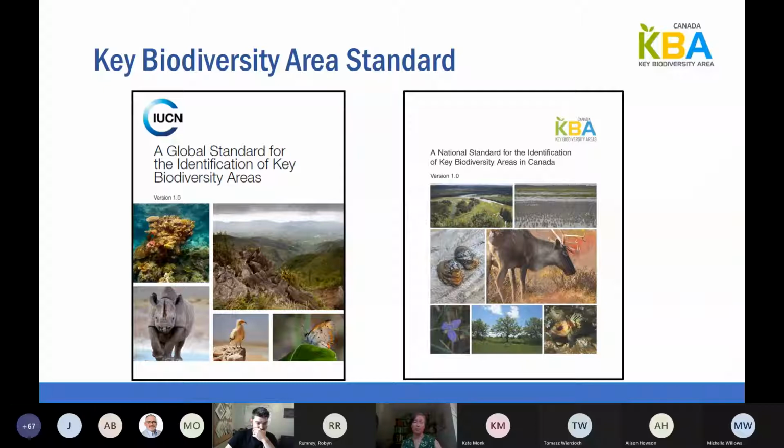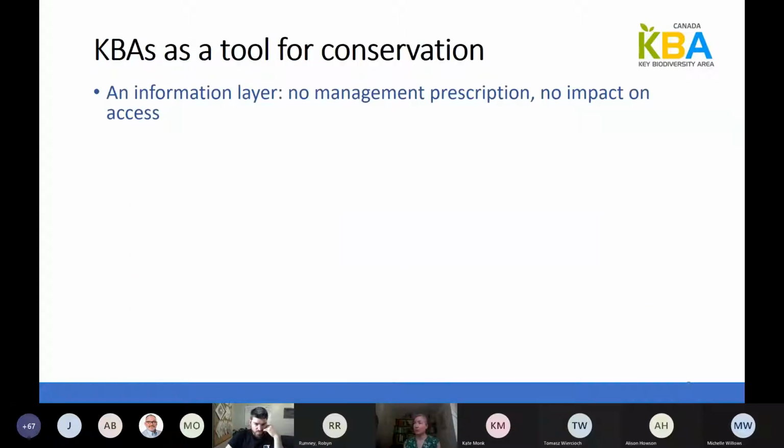So, for example, caribou populations, as opposed to looking at all caribou across the world, including reindeer. So it's a little bit more specific to Canada. It allows us to make sure that we can include Canadian conservation priorities as well, but in the same consistent, rigorous and quantitative way. So a tool for conservation, it's an information layer.